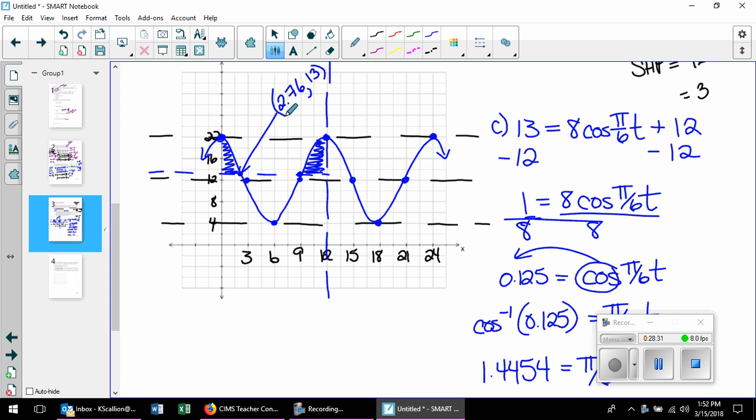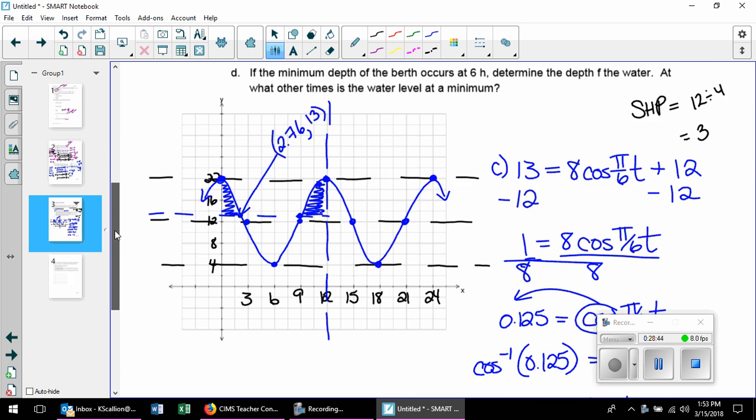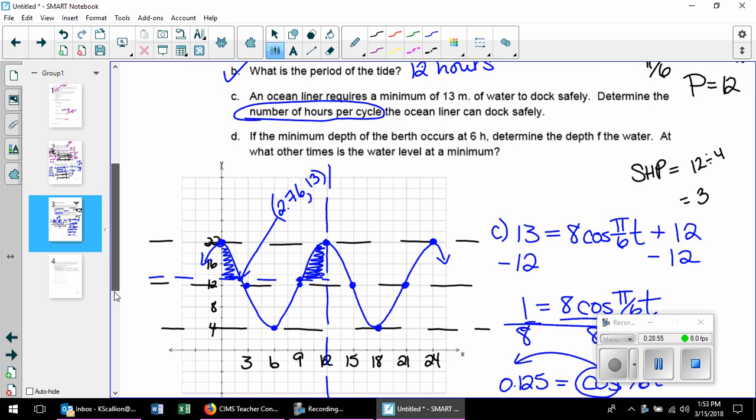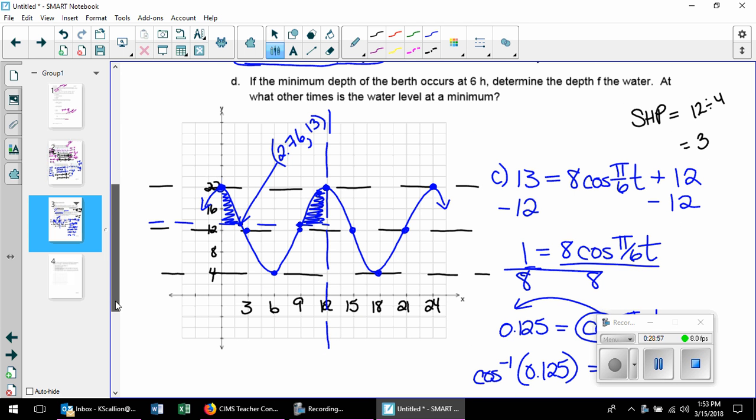Can't have that. But like I said, these are symmetrical. So from 0 hours, from high tide, for 2.76 hours, that boat can dock. The question asks not when, the question is asked how many hours. It says determine the number of hours per cycle the ocean liner can dock safely. So if I know this distance here is 2.76, what do I know about this distance right here?